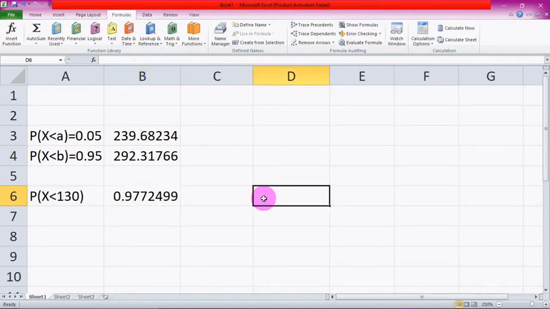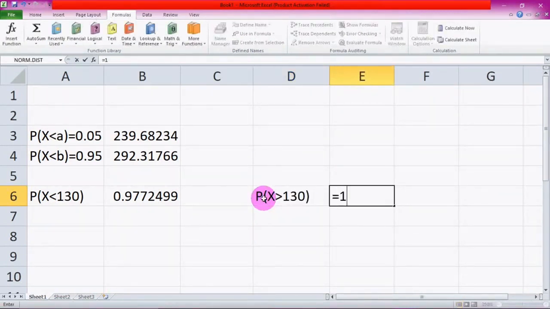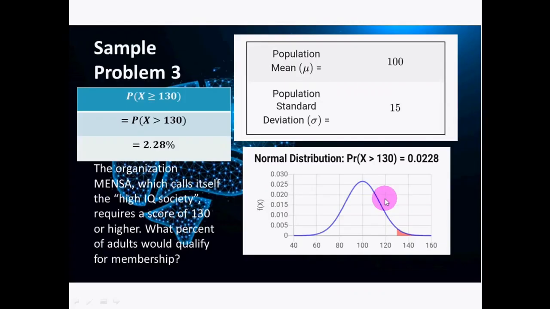How about the area to the right of 130? So the probability that x is greater than 130 is equal to 1 minus the area to the left. So we get 0.02275. If we round it off to 4 decimal digits, we get the probability 0.0228.